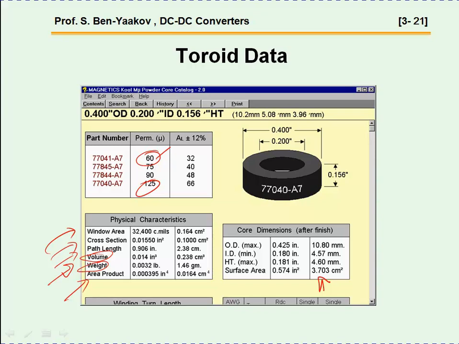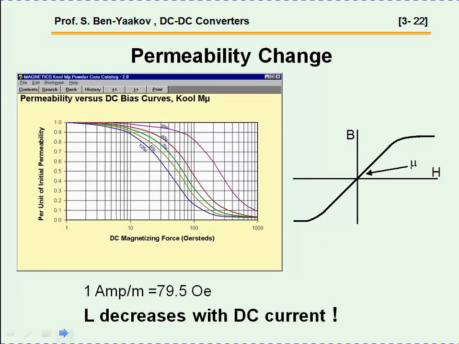So how do we go about choosing a given core from the thousands or maybe tens of thousands of cores which are available? So let's see some of the information that we'll have to use in the procedure of selection. One curve is very important, this curve, which shows how the permeability goes down as the DC magnetization of the core increases.